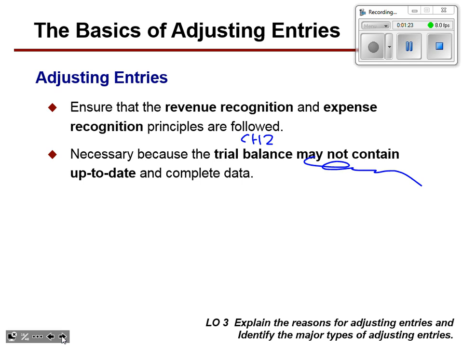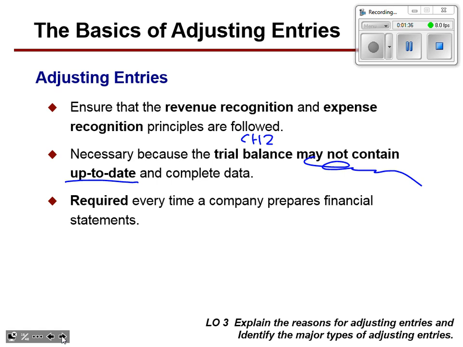Have you used up some of your prepaid insurance you bought? Yeah, you probably have. So you have to tell that story and get it more up to date. It is required every time a company prepares financial statements, especially at fiscal end.